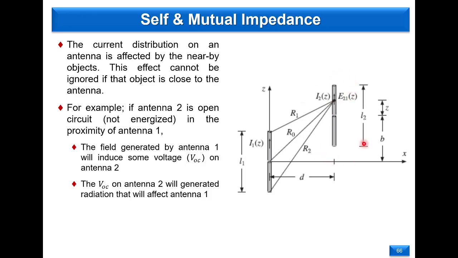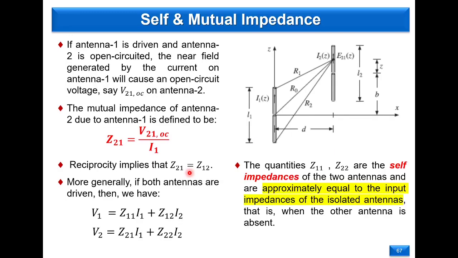This current will radiate, and its radiation will come to antenna 1 and cause some changes, and this is called the coupling, or the mutual coupling, between the two antennas. So this is the idea of mutual coupling between antennas.